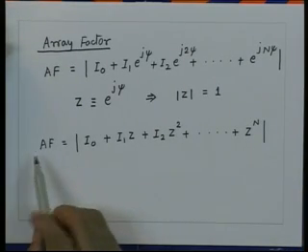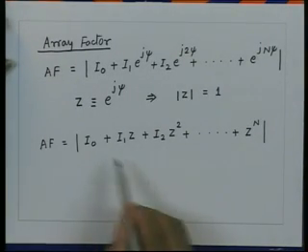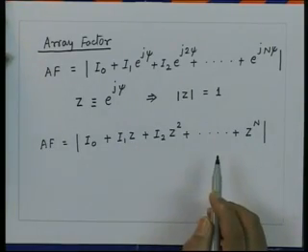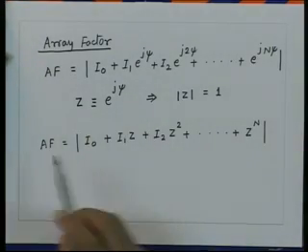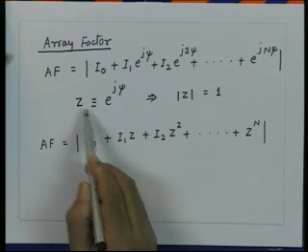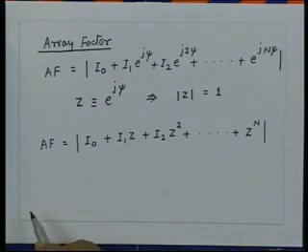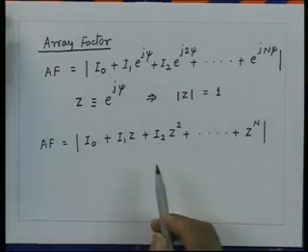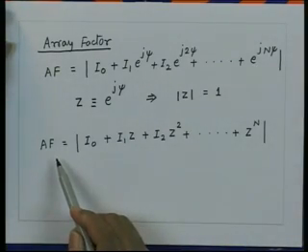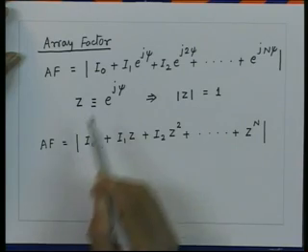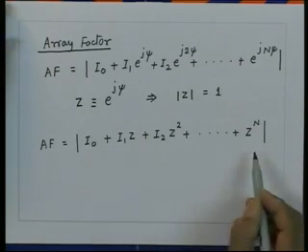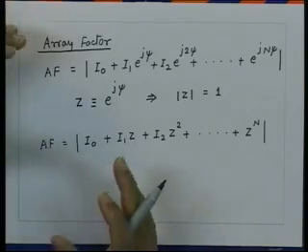So, the array factor now can be represented by a polynomial of this quantity z, which is simply a phase function. The magnitude of z is equal to unity. So, there are theorems due to Schelkunoff which say that an array factor can be represented by a polynomial of z, or even conversely he says every polynomial can be thought of as an array.